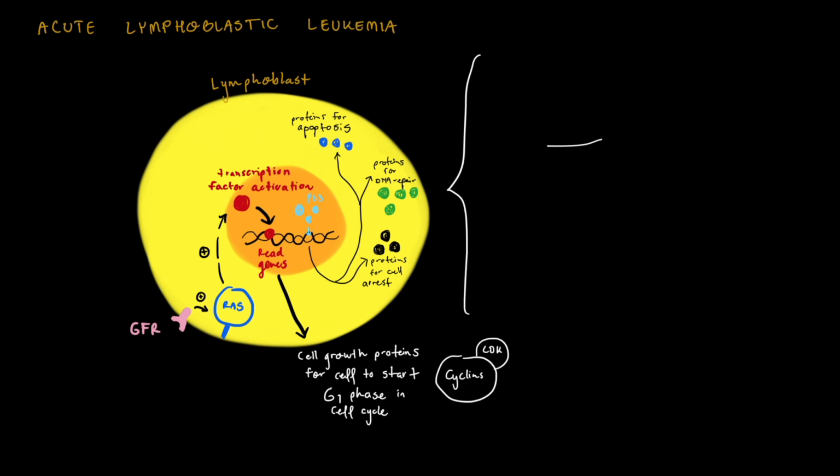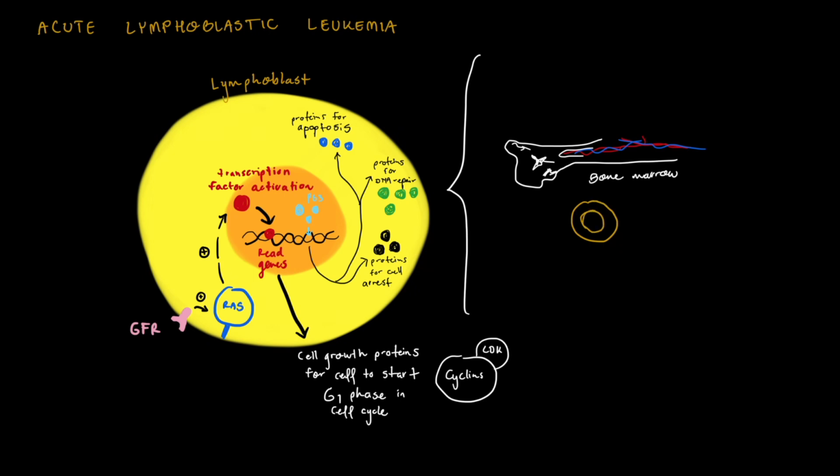The thing with acute lymphoblastic leukemia is that there are multiple steps in which this immature cell can continue to divide itself even when it's not mature.